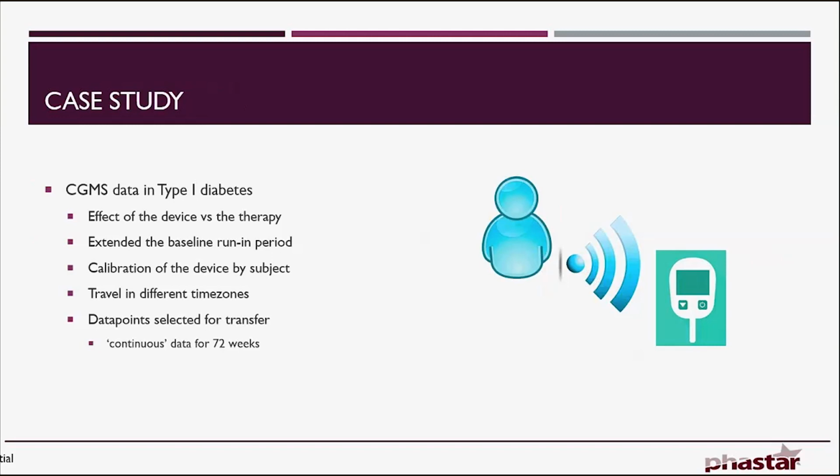Now, two things. The data manager working on this study obviously had a huge body of data being transferred on a regular basis, monitoring the glucose levels of these patients. And they noticed a couple of things quite quickly in the study. One was during the 8-week baseline run-in period, the subjects were meant to be calibrating the devices themselves. However, they were clearly struggling with this, and the data was not particularly consistent.